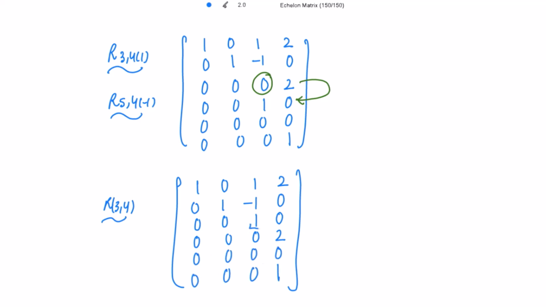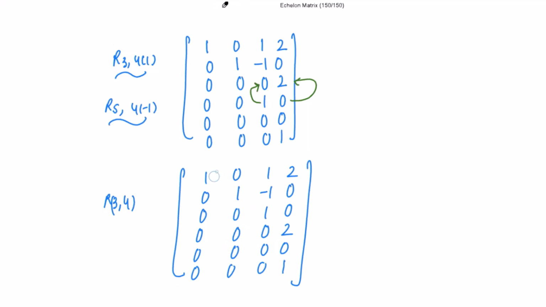So now I'm having the leading entry +1 in the third row, right? So now I'm having leading element 1 for the first row, leading element 1 for the second row, leading element 1 for the third row. All the elements below these entries are 0, right? Please remember, we cannot disturb the entries of these first two rows. These belong to the bases of W, right?